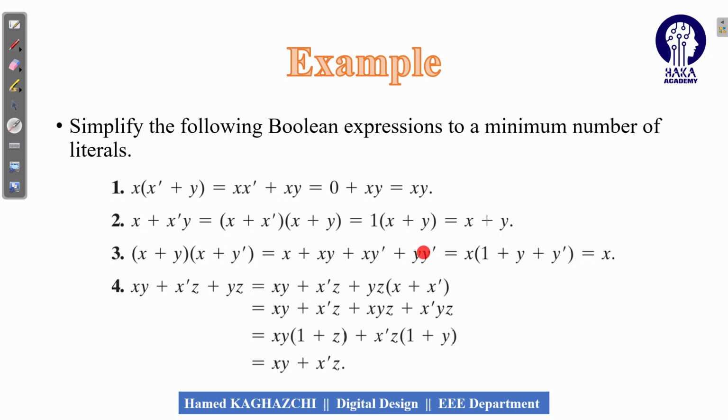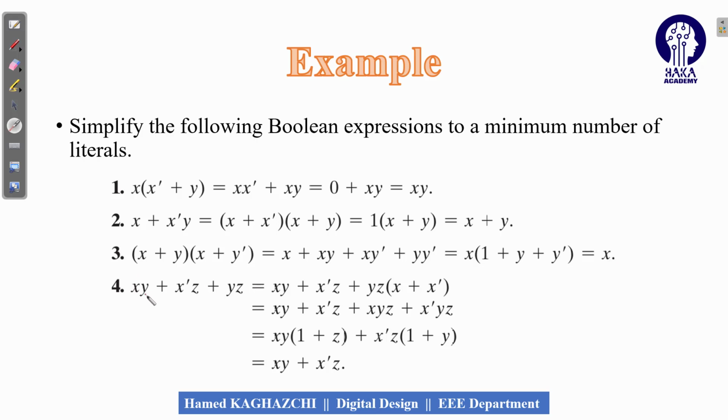Y prime again is equal to 1. So if I take the x from all of these terms, I will have 1 or y prime. And we know that if I have 1 in the OR, the result is 1. X and 1 is equal to x.